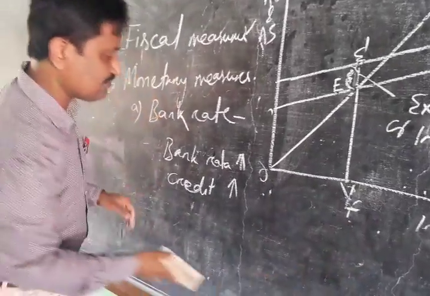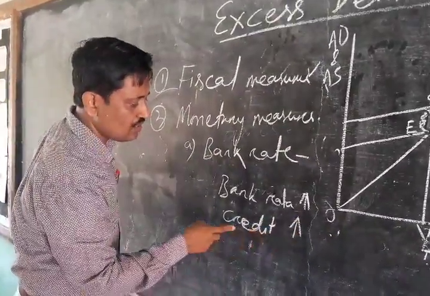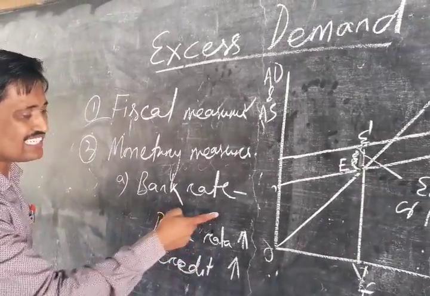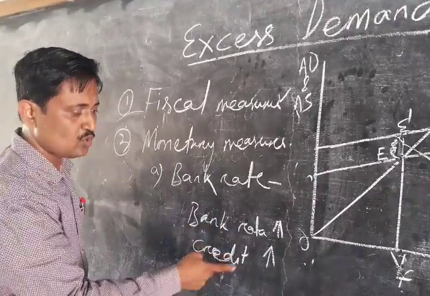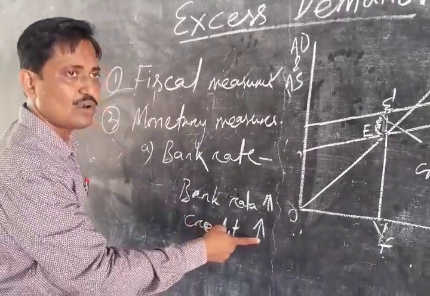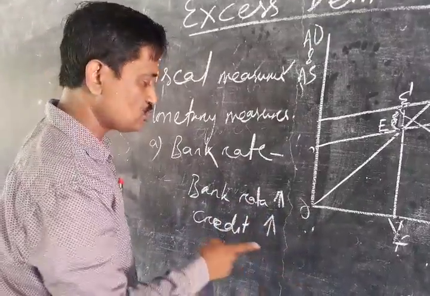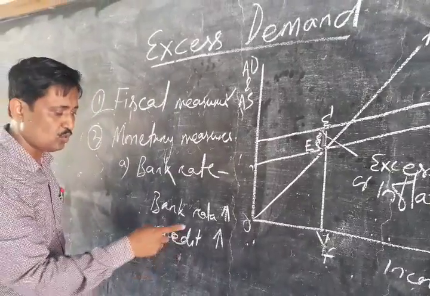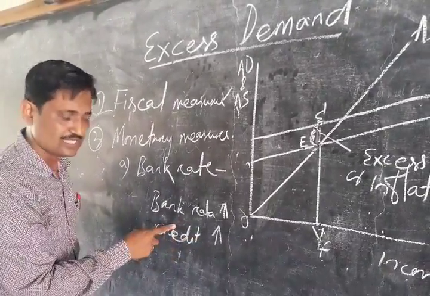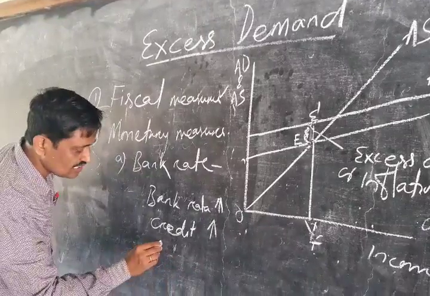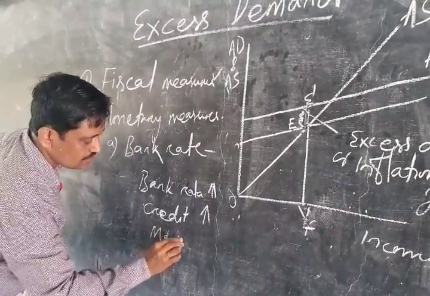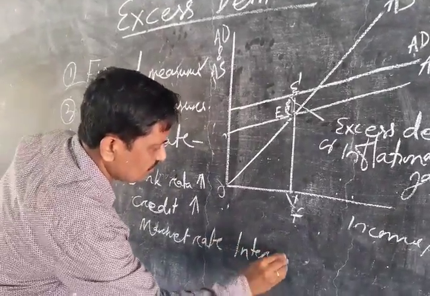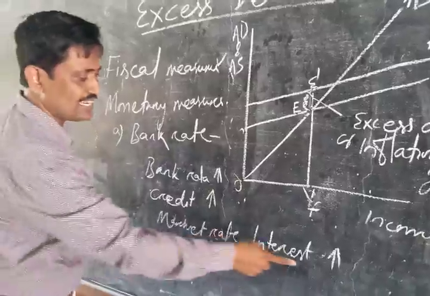When the credit becomes costlier, the commercial bank also demands less credit. In that way credit availability at the commercial bank decreases. When credit availability decreases, it also lends less to the people, and ultimately demand will decrease. Another way: when the credit becomes costlier for the commercial bank, the commercial bank also increases the market rate of interest.